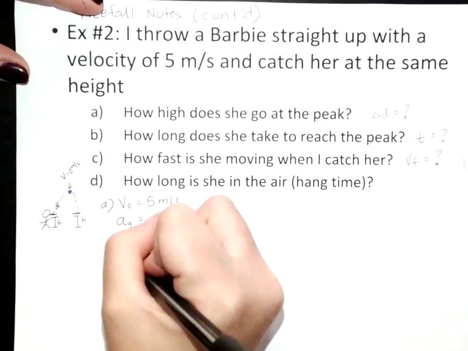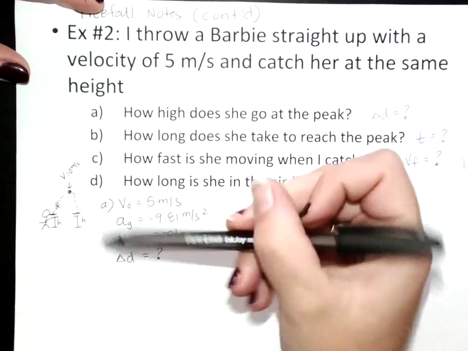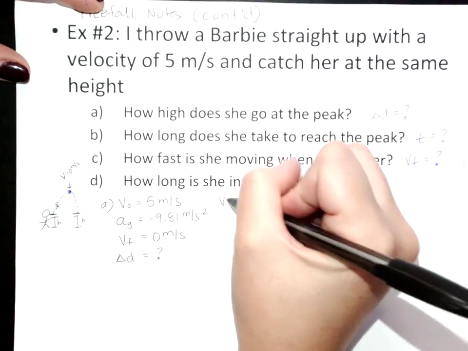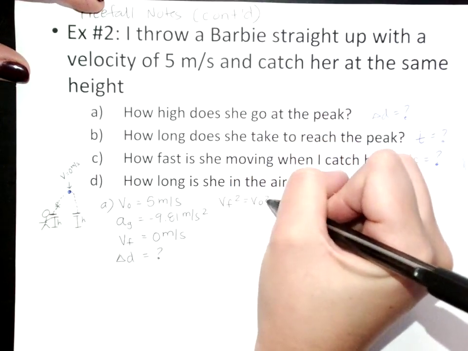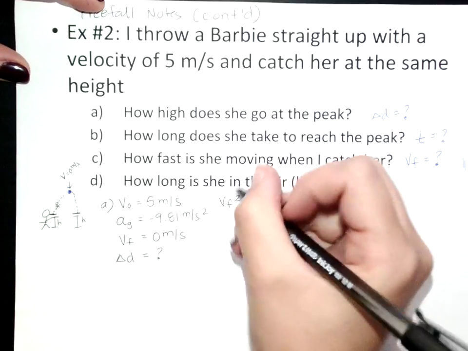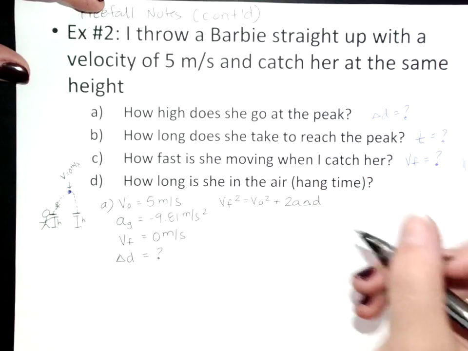We need to know delta D. So looking at our kinematic equations, we see that we involve V final, V initial, acceleration, and distance. So our equation is VF squared equals VO squared plus 2A delta D. Okay, solving for delta D, we can go ahead and do that before we plug in numbers.